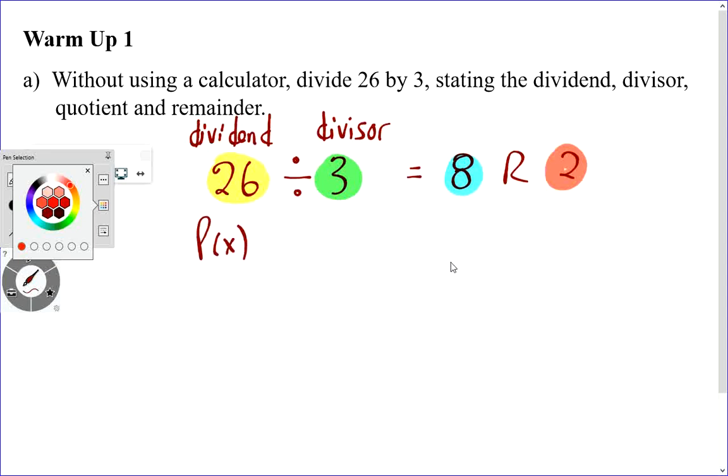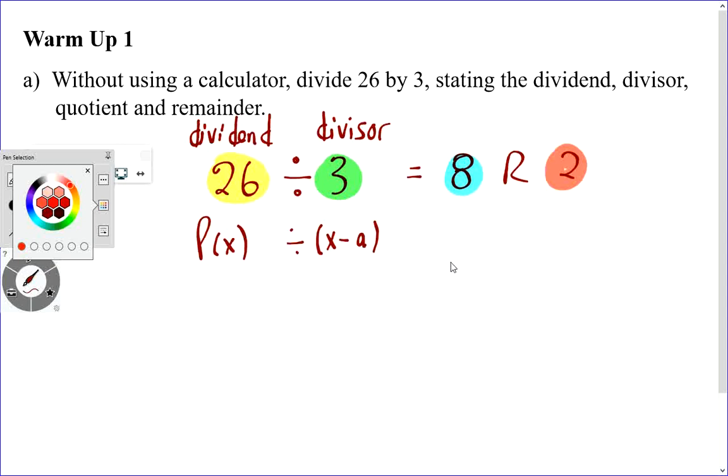We're going to be taking a polynomial function, which is the dividend, and this will be that special binomial divisor. So it isn't necessarily important that we know that the thing we start with is the dividend, because it's always going to be a polynomial divided by the divisor.